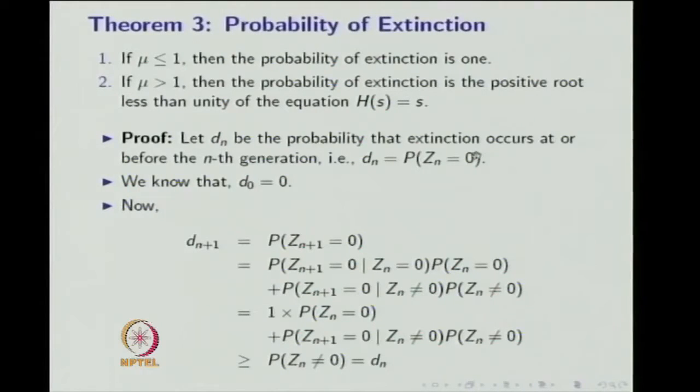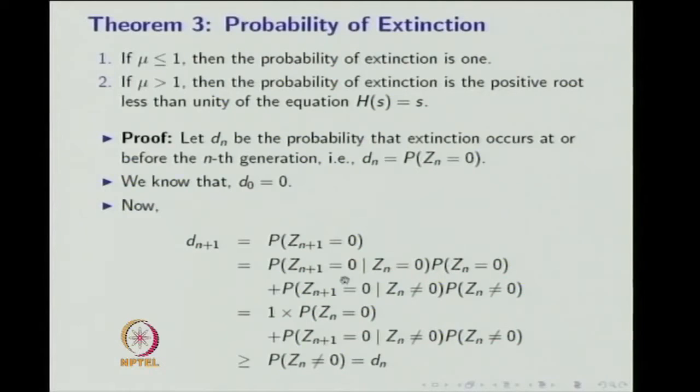We can write the probability of Zn plus 1 equal to 0 using conditional probabilities. That is the same as the probability of Zn plus 1 equal to 0 given Zn equal to 0 multiplied by the probability of Zn equal to 0, plus the probability of Zn plus 1 equal to 0 given Zn not equal to 0 multiplied by the probability of Zn not equal to 0. We know that the probability of Zn plus 1 equal to 0 given Zn equal to 0 is equal to 1.